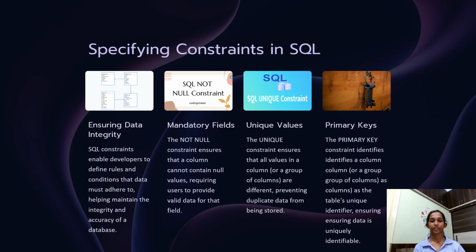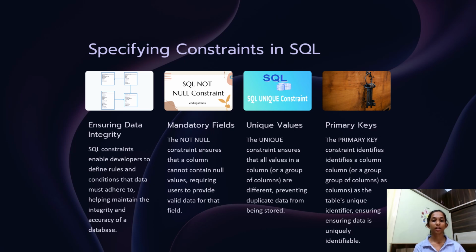Specifying constraints in SQL. Ensuring data integrity, mandatory fields, primary key, and unique values. Ensuring data integrity. SQL constraints enable developers to define rules and conditions that data must adhere to, helping maintain the integrity and accuracy of a database. Mandatory fields.